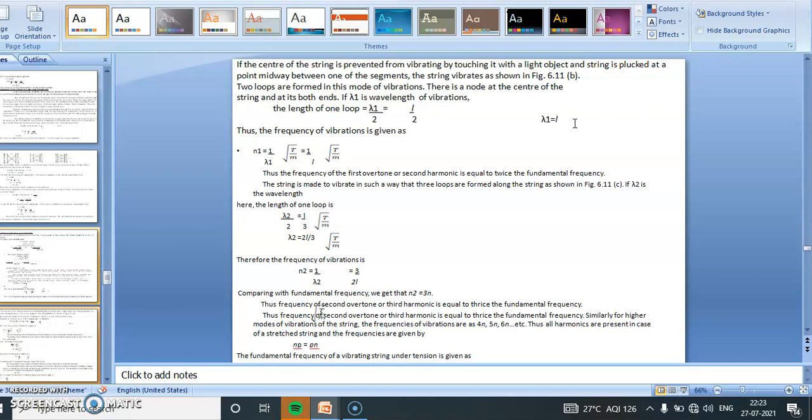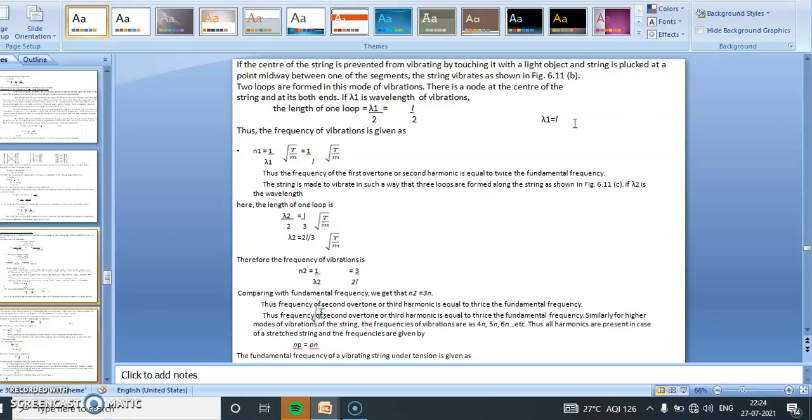If lambda 1 is the wavelength of vibration, then the length of a loop is lambda 1 by 2, that is L by 2. So lambda 1 is equal to the length L. Thus the frequency of vibration is given as N1 is equal to 1 upon lambda 1 into under root T upon M, which is equal to 1 upon L into under root T upon M. Thus the frequency of the first overtone or second harmonic is equal to twice the fundamental frequency.